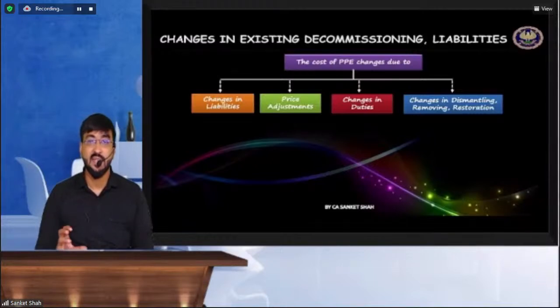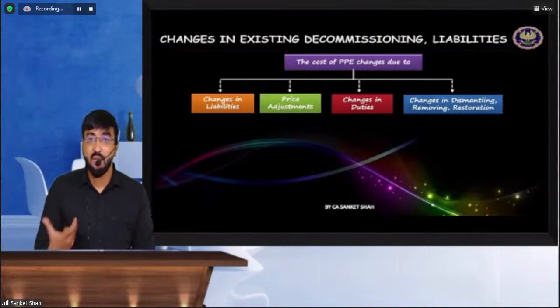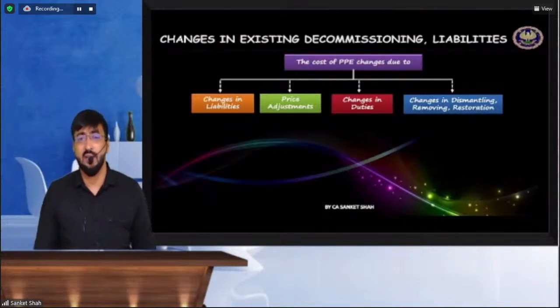Changes in existing decommissioning, what does it mean? Changes in existing decommissioning and liabilities. Sir, it's very simple.